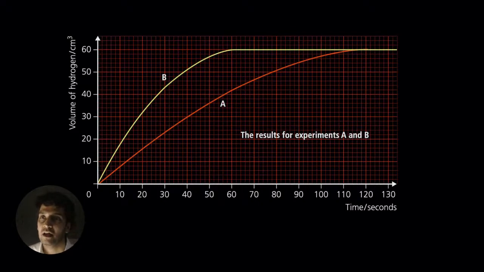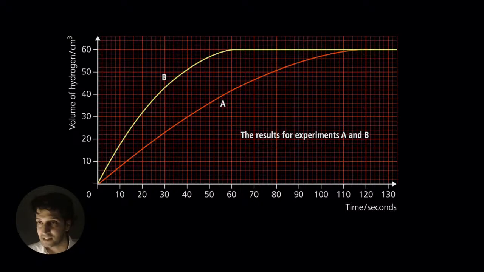If I ask you, there was experiment A and experiment B. The only difference was one of these experiments had, let's say, a higher concentration of the solution, and one has a lower concentration of solution.